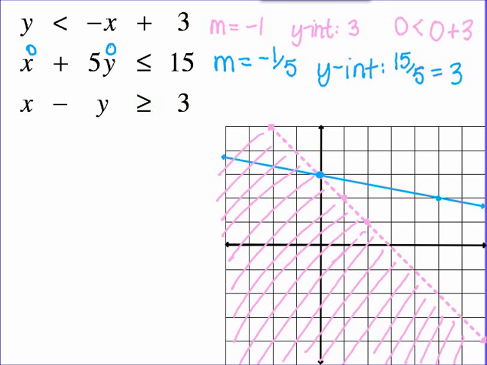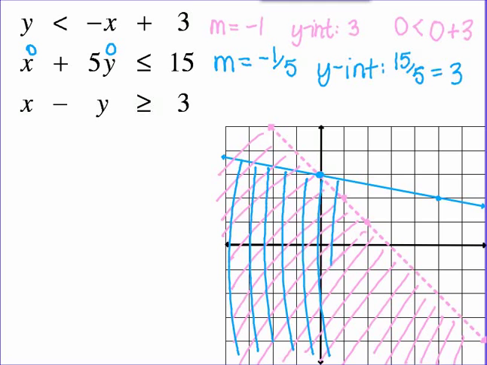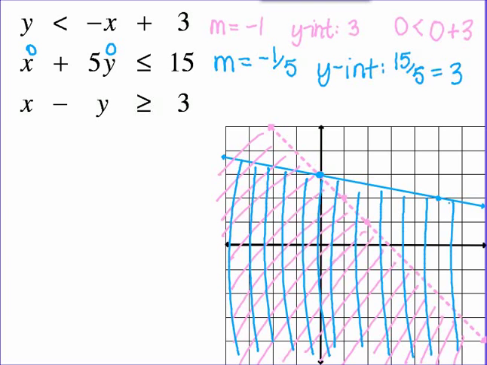So with 0, 0, I'm going to shade below. I need to pick a darker one this time around because I didn't do a darker one last time.